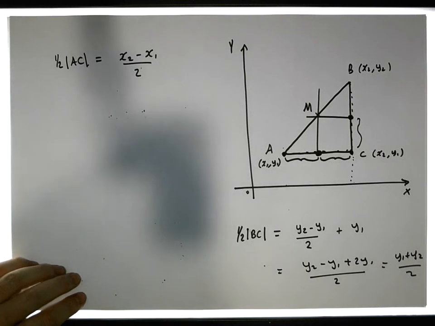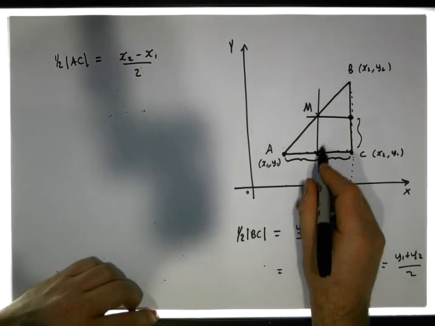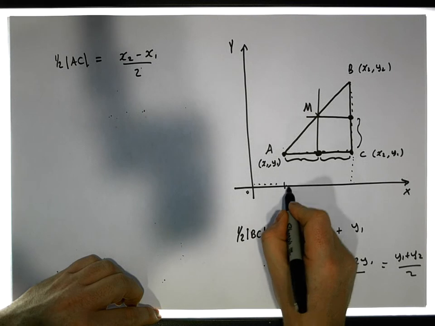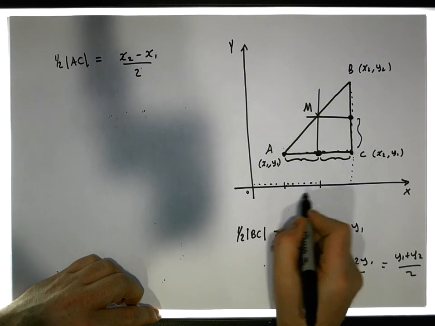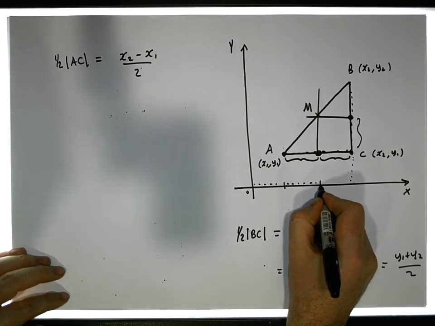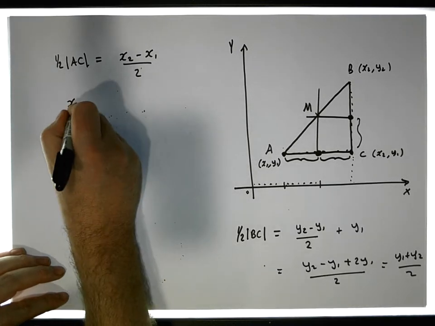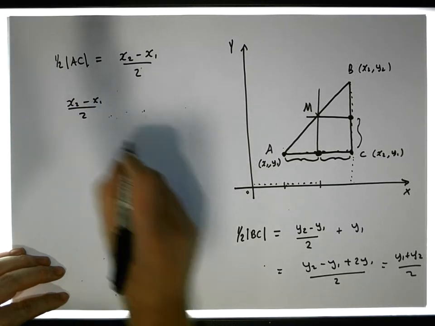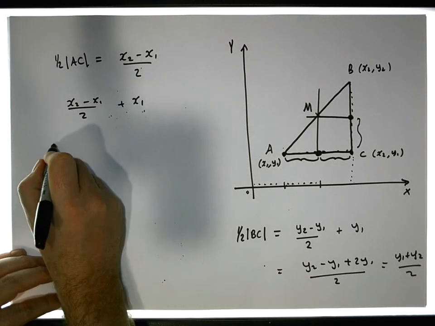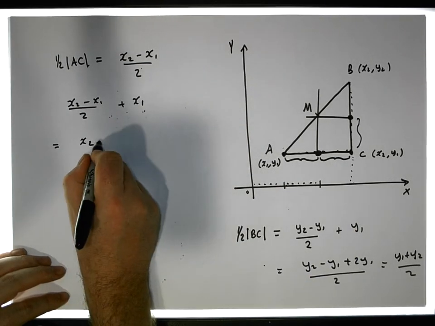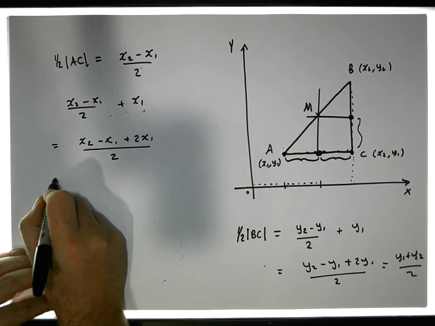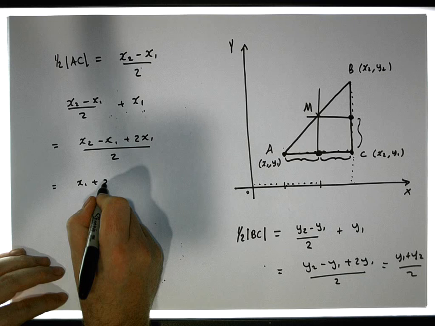Now we know that the coordinate of this point must be x1 units away plus that distance, which tells us the coordinate must be x2 minus x1 over 2, plus x1, which gives us x2 minus x1 plus 2x1 all over 2, which gives us x1 plus x2 over 2.